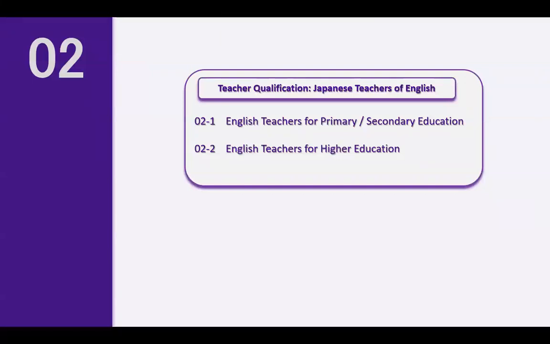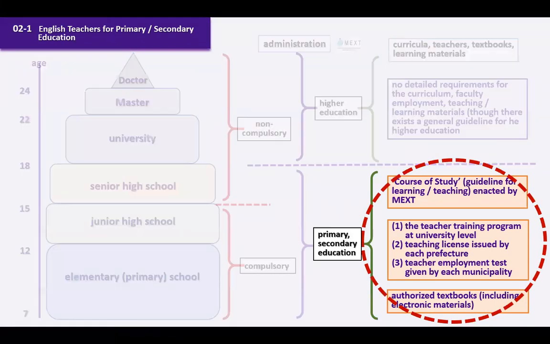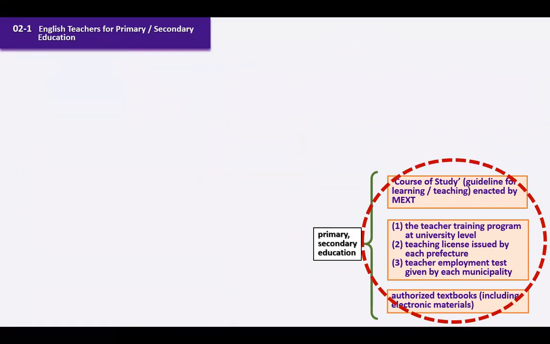This section considers how qualifications for Japanese primary and secondary teachers differ from those for university teachers. This is a slide shown here. Let's look at its lower right-hand part. Teachers in primary and secondary education.